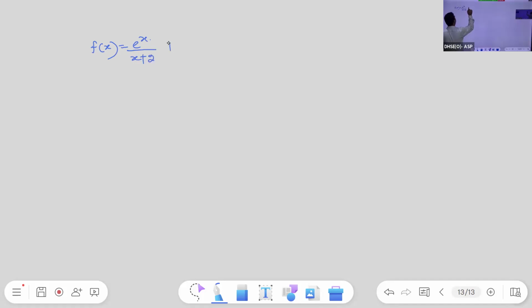Find the greatest and least value of the function.